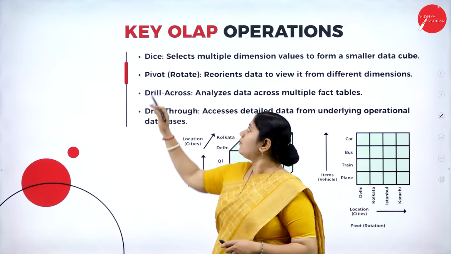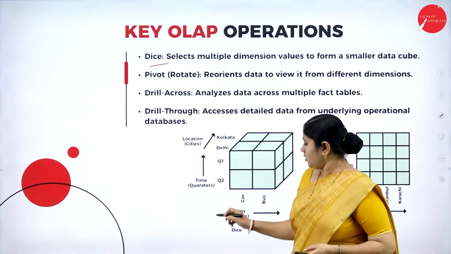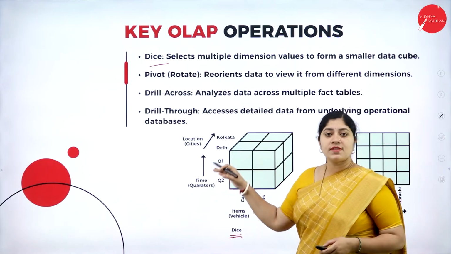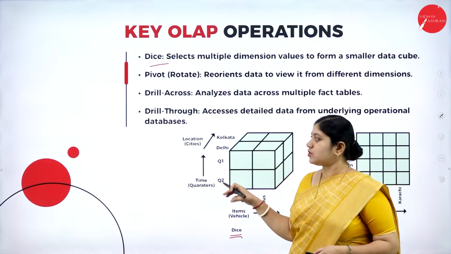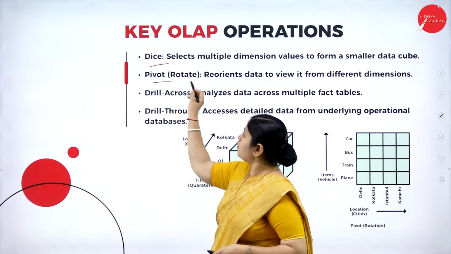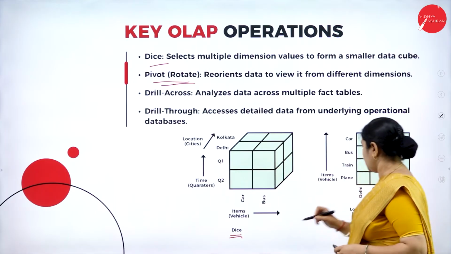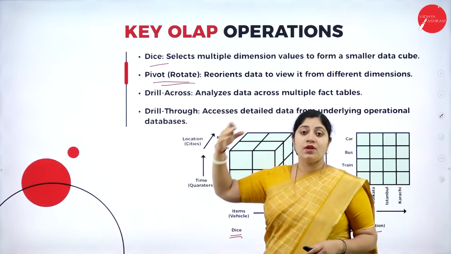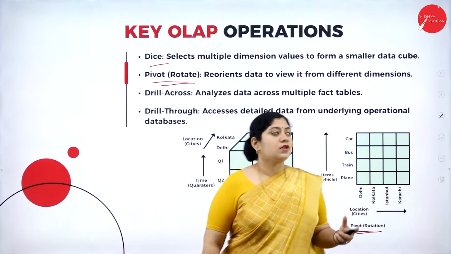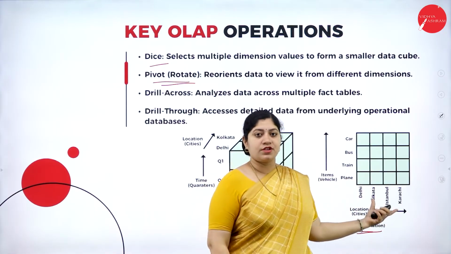The next type of operation is dice. Here we can observe the dice, which selects multiple dimensional values to create smaller cubes. Next one is pivot or rotate. As the name itself says, it reorients the data to view it from different directions.